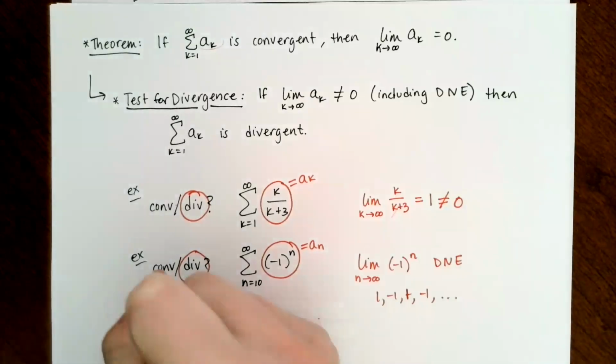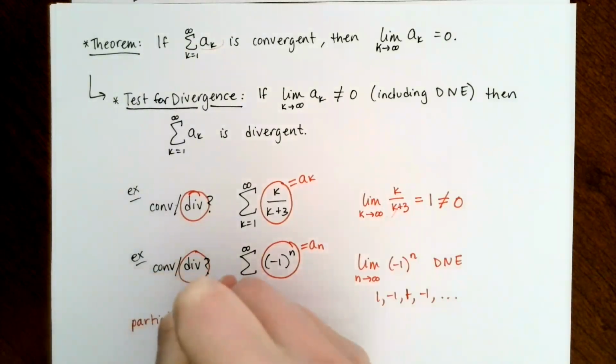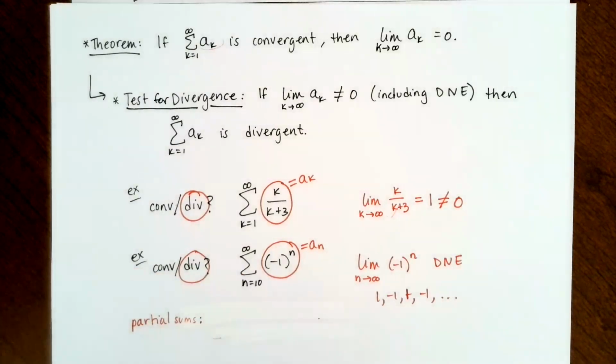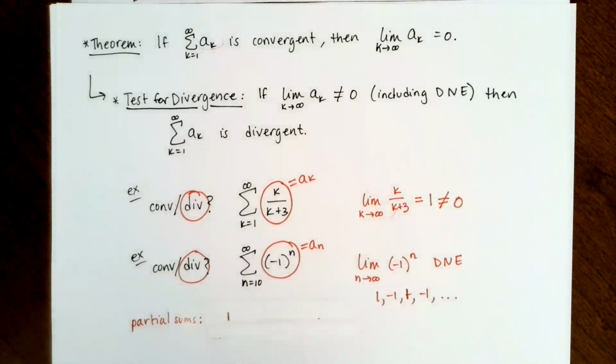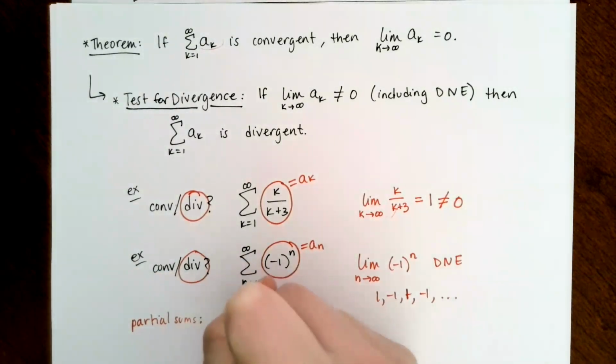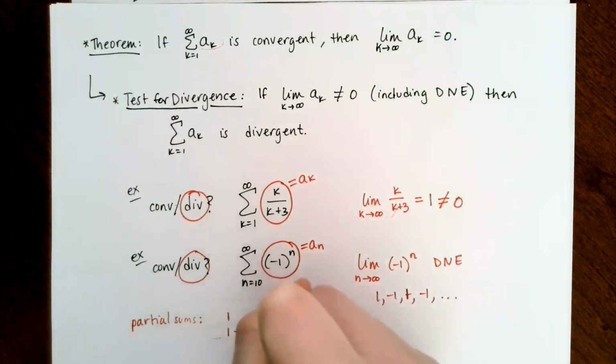This is a good example to consider also the partial sums. We already have our answer, but we could have gotten it without using the test for divergence by thinking about the partial sums here. The first partial sum is just the first term, which is (-1) to the 10th. That's positive, or 1 rather. And then the second partial sum is 1 minus 1, which is 0.